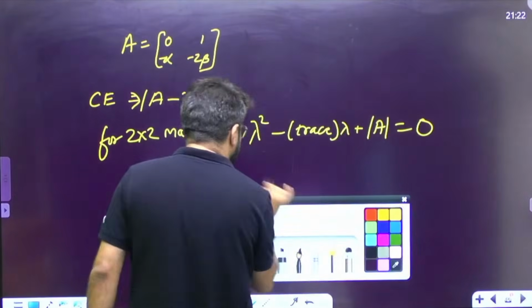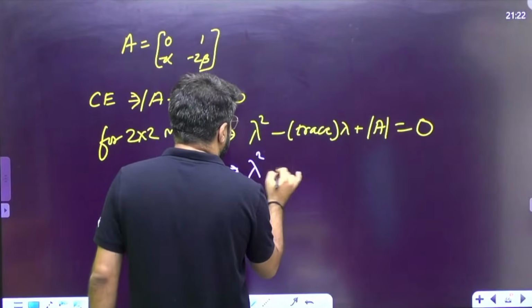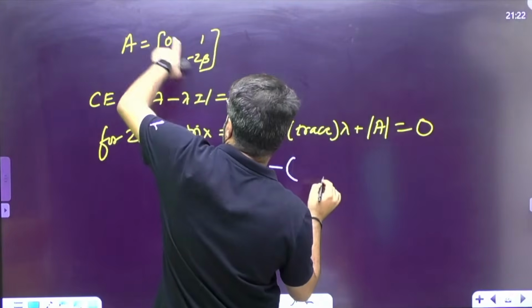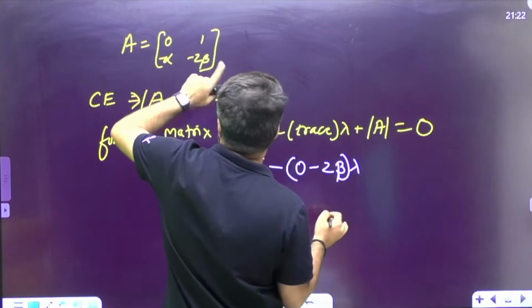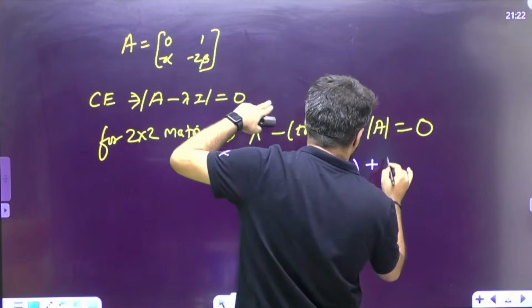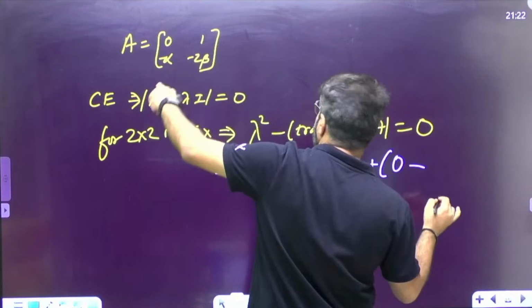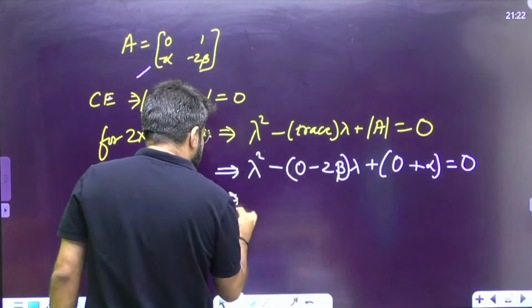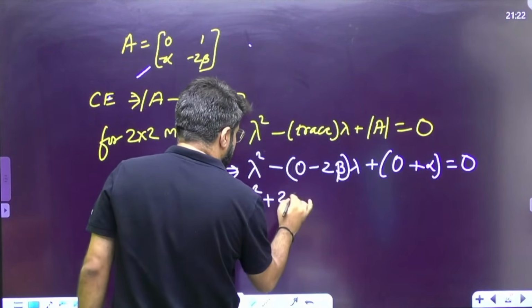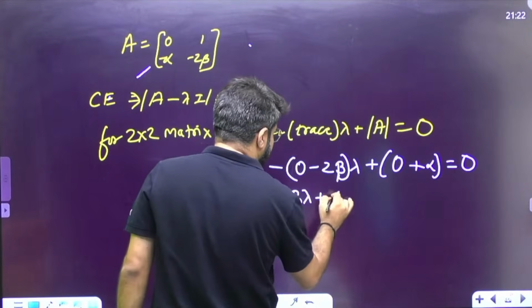Trace is the sum of diagonal elements, 0 and minus 2 beta. Determinant, just cross multiply, 0 plus alpha. So my characteristic equation becomes lambda square plus 2 beta lambda plus alpha equal to 0.